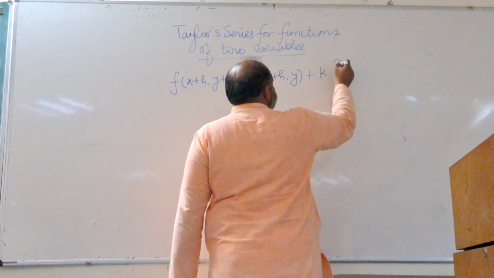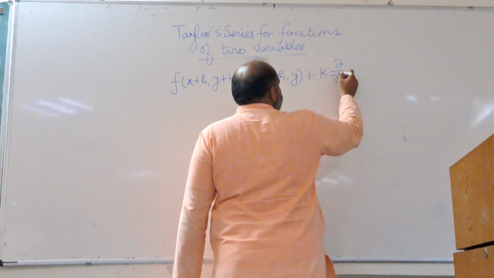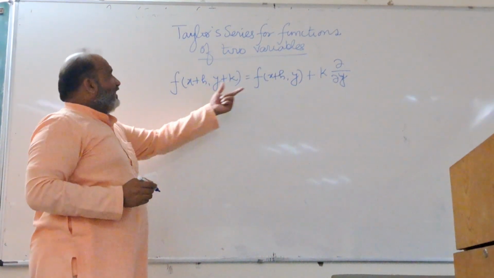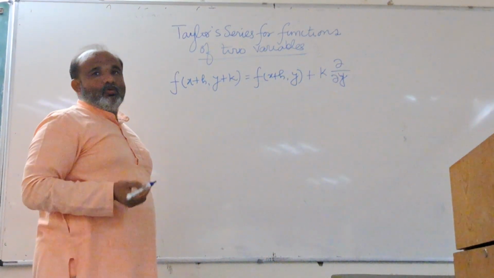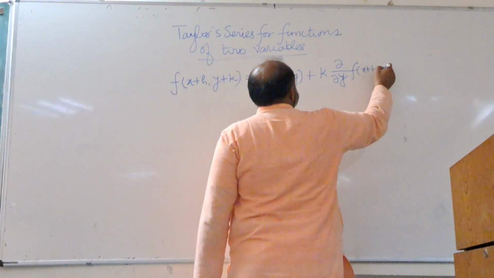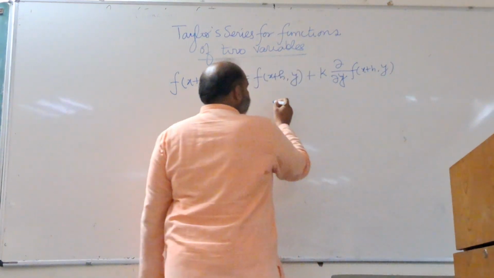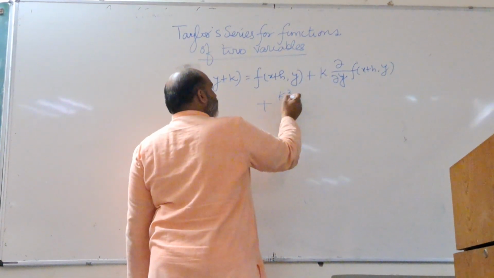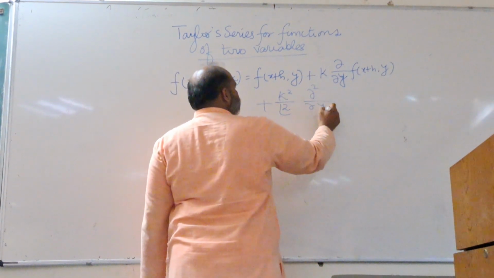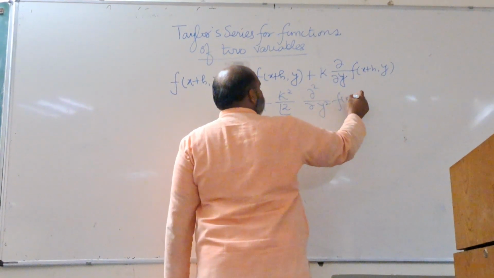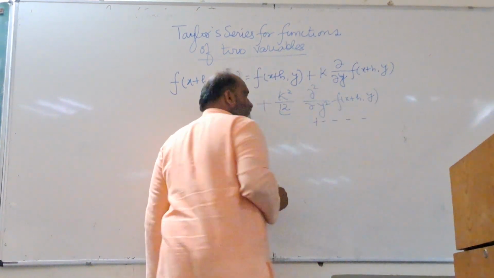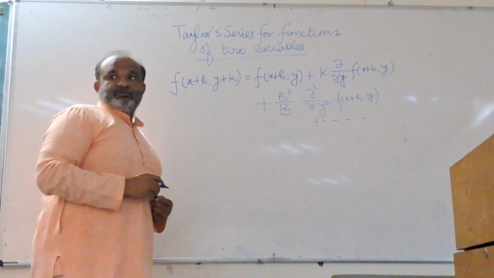This is k, and then the derivative del over del y of the function f(x+h, y), plus k square upon factorial 2 del square over del y square of f(x+h, y), and so on. Is it clear?